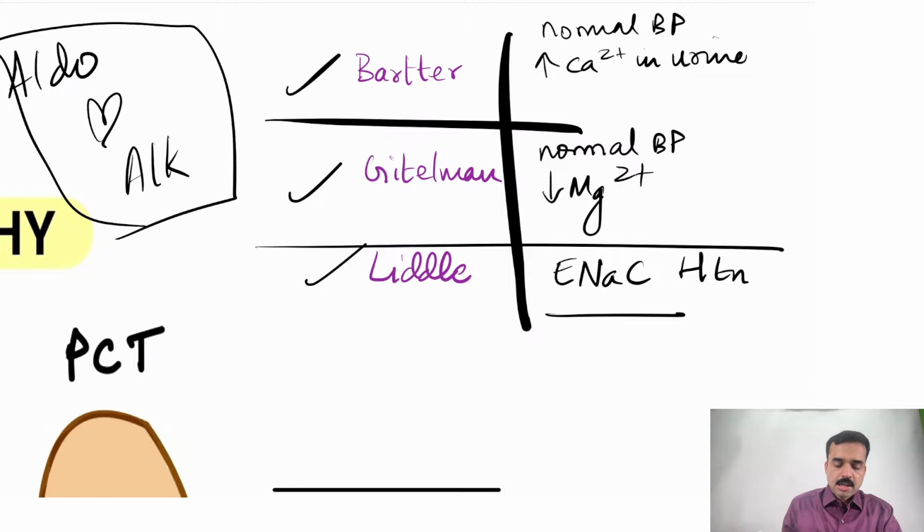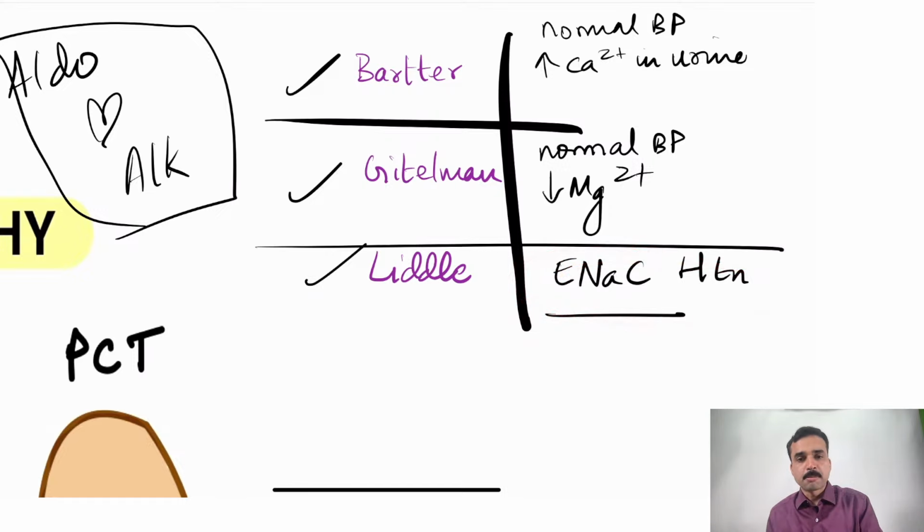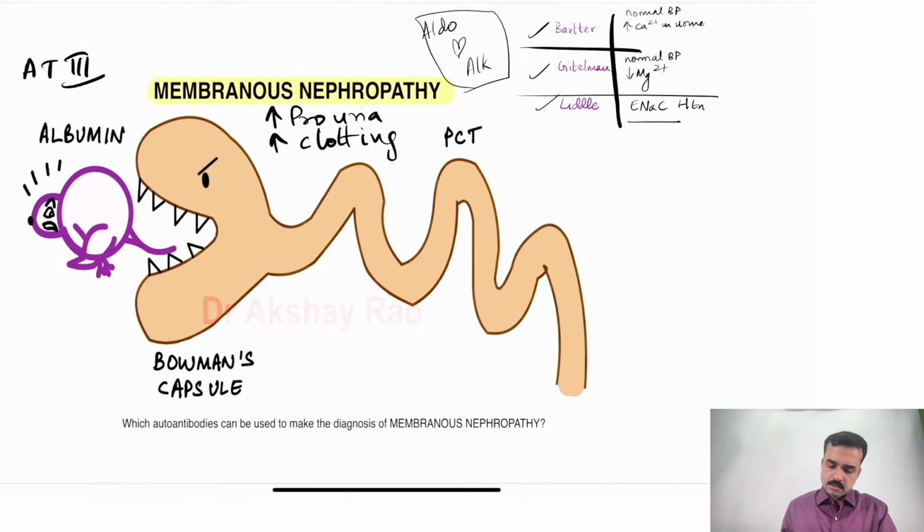So anytime that the aldosterone levels are increased or the effects of aldosterone are increased, you expect metabolic alkalosis. Here of course the aldosterone levels will not be increased because it's a gain in function of the channel. Aldosterone levels may be suppressed, but the effects of aldosterone are seen, and therefore they will have hypertension along with alkalosis and hypokalemia. Okay, so these are also frequently asked questions.